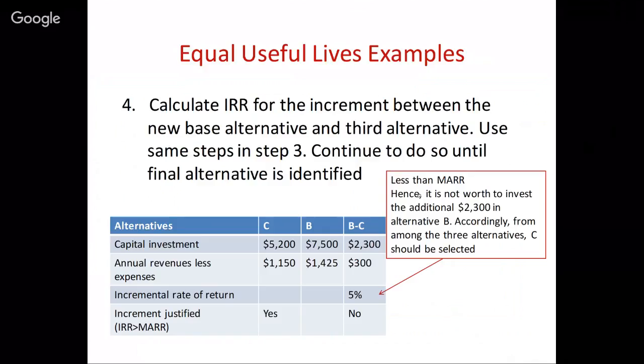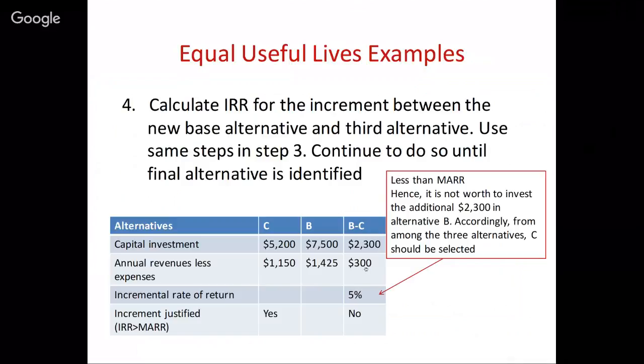Okay, since C was the winner, let's look at the next comparison, which is B versus C. We form the next incremental investment, B minus C. B requires a $2,300 more investment over C. You get, in return for that $2,300, $300 more per year.